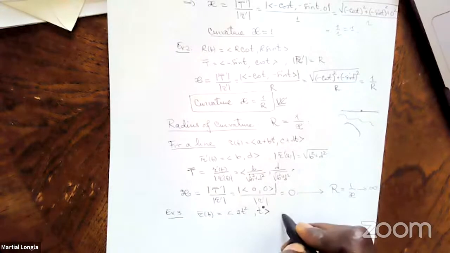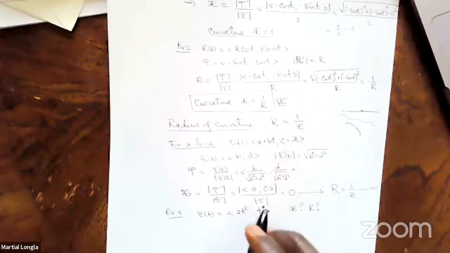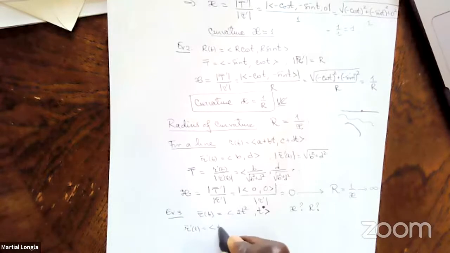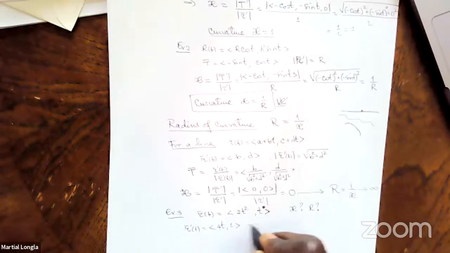So let's say we have this r of t, and we ask what is the curvature and what is the radius of curvature. Then you would start by finding the tangent line. So r prime of t, in this case, is (4t, 1). So the magnitude of r prime of t is the square root of 16t squared plus 1.